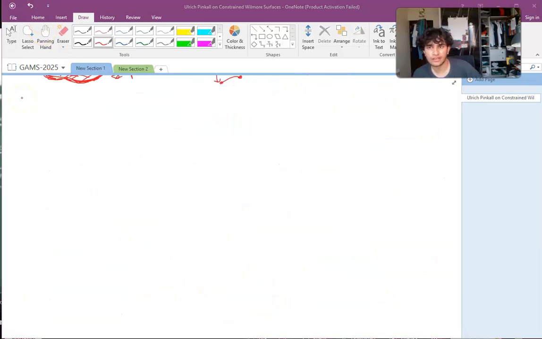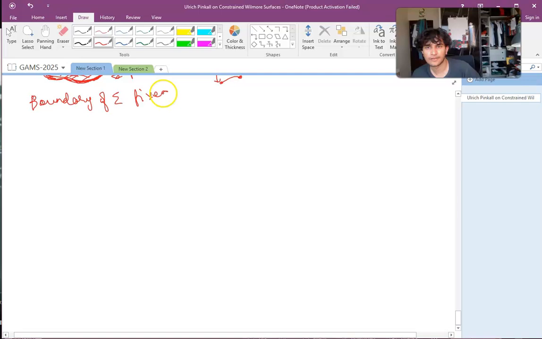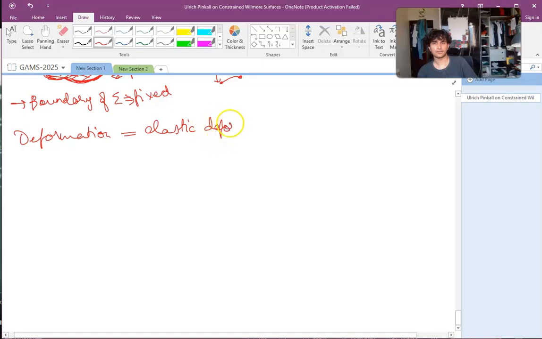Just to be clear, the last condition is the boundary of surface sigma must be fixed. So that is our last condition. And if we have a deformation that satisfies all of these, that deformation is now an elastic deformation.